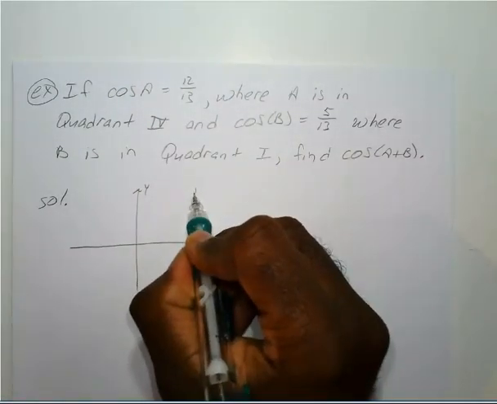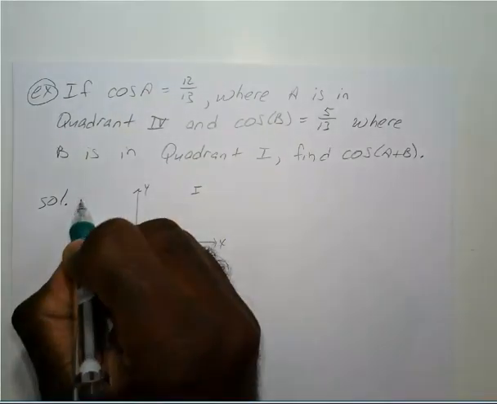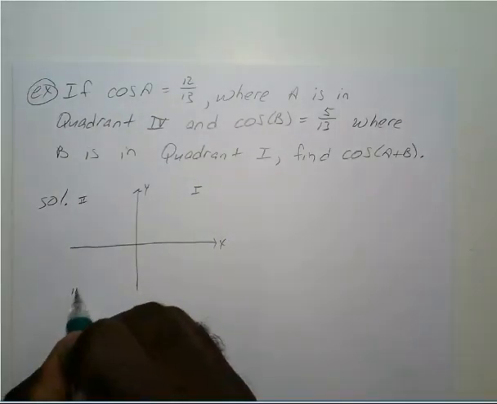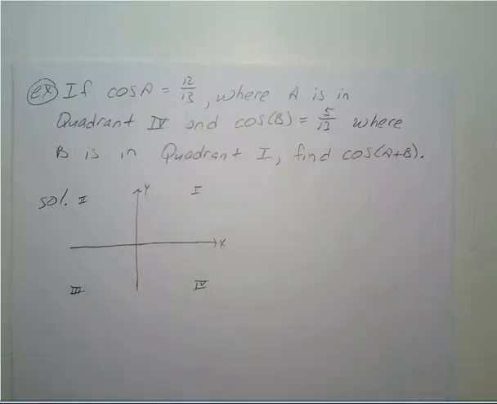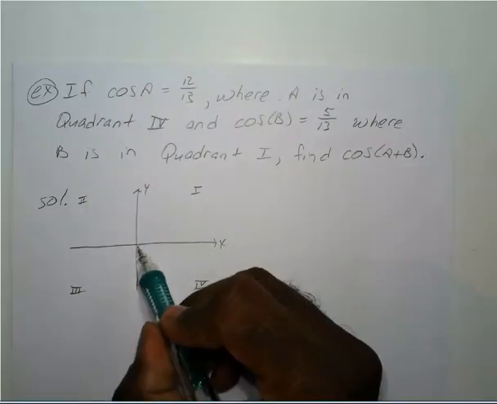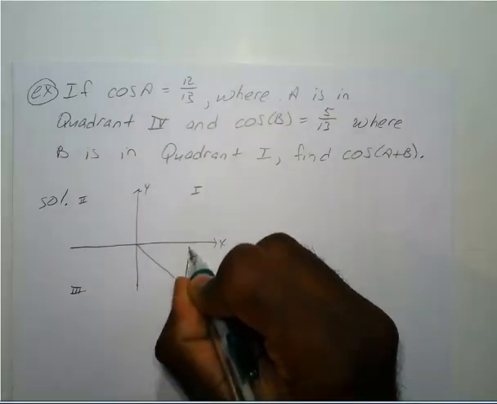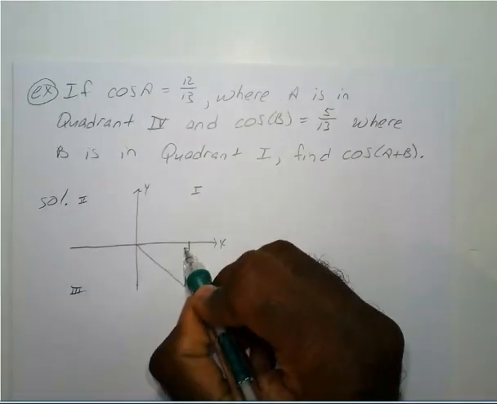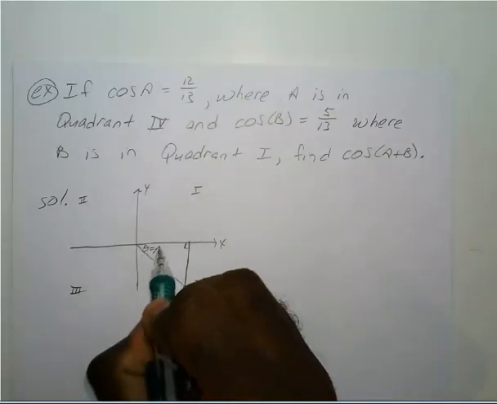Okay, so we know this is quadrant 1, this is quadrant 2, this is quadrant 3, and this is quadrant 4. Okay, so we know A is in quadrant 4, so that means this is your right angle, and this is your theta equals A.